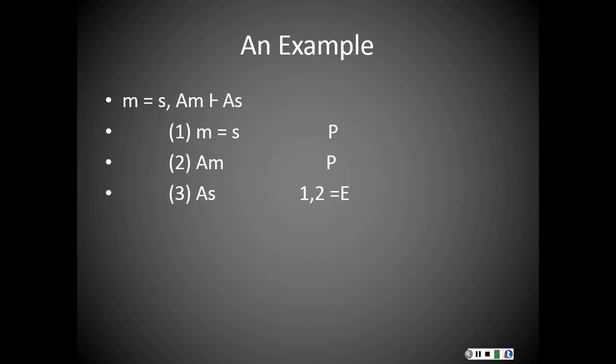We can do that because line 1 tells us that M equals S, and on line 2 we have AM, and the rule of identity elimination tells us that since we have the sentence M equals S, we can take any sentence that involves an occurrence of the name M and replace one or more occurrences of the name M in that sentence with the name S. So that's what we've done here. We've taken the name M that occurs in the sentence on line 2 and replaced it with the name S. That's it. A relatively straightforward example of that rule.